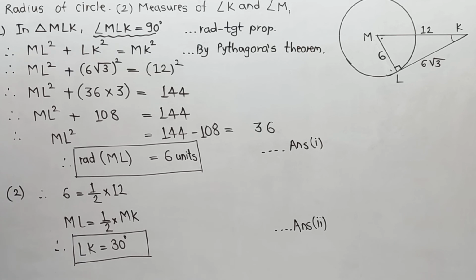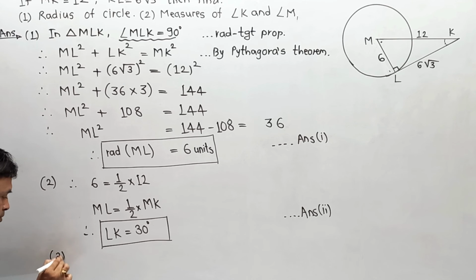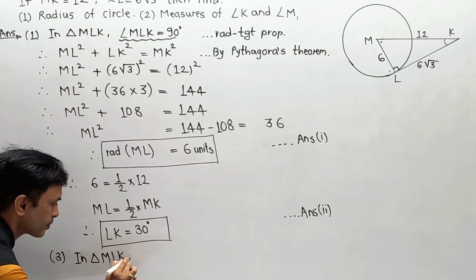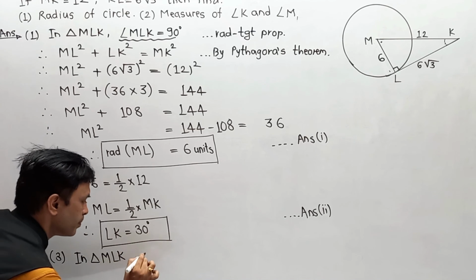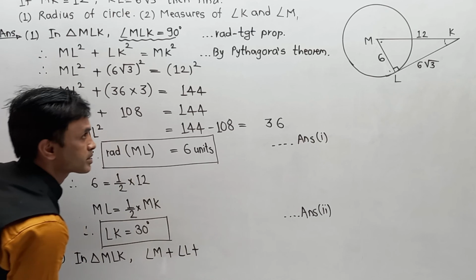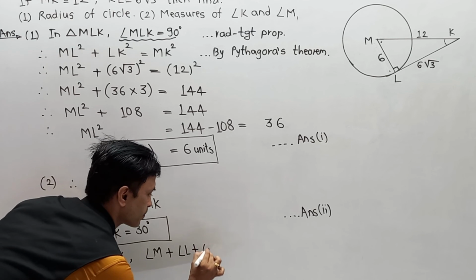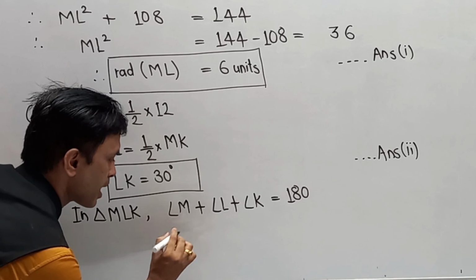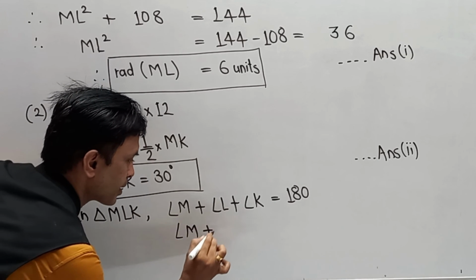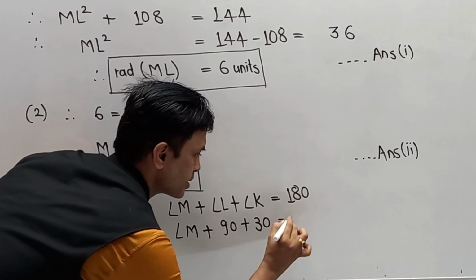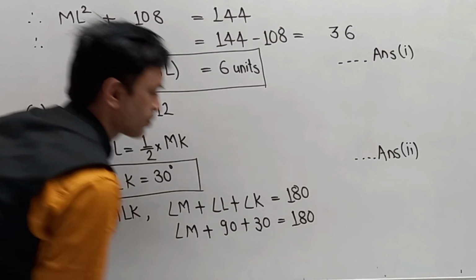Means the third part is in triangle MLK, angle M plus angle L plus angle K is equal to 180 degree, means angle M plus 90 degree plus 30 degree is equal to 180 degree.